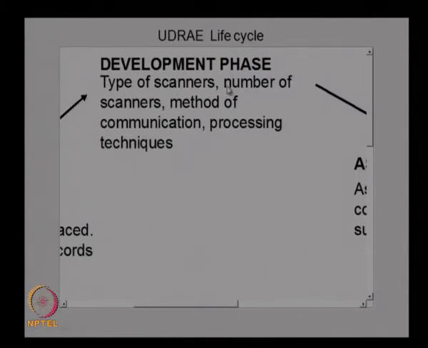The type of scanners, number of scanners, method of communication and processing techniques all need to be developed in the development phase. This is only a few things. We need to go for many more things in the development phase, like the architecture, the communication architecture, and the network architecture.